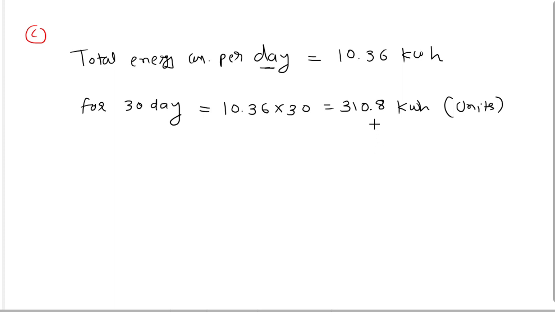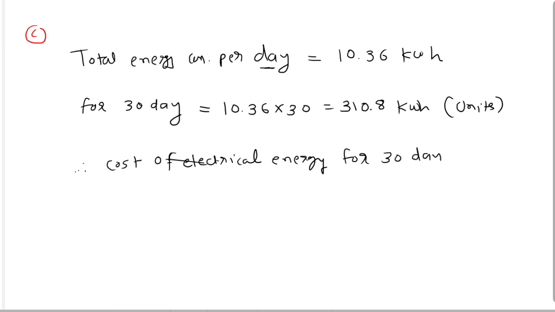That is our units. Now we know that the cost of 1 unit is rupees 3 per unit. So the cost of electrical energy for 30 days, that is 310.8 kilowatt hour units, and the cost is 3, so the total cost is 932.4 rupees.